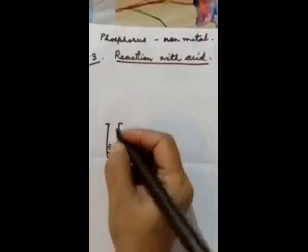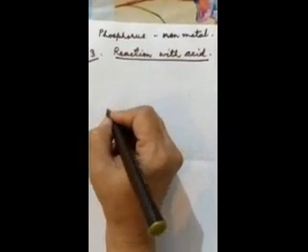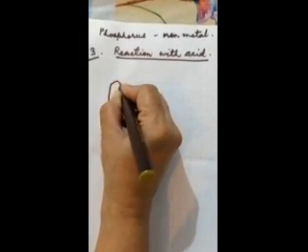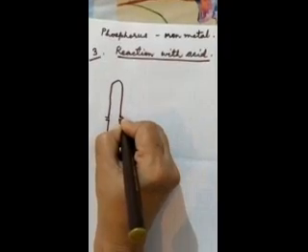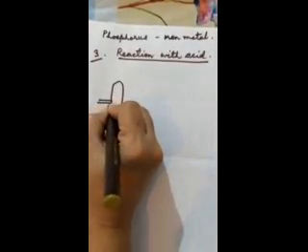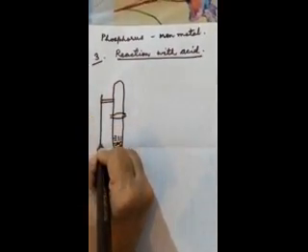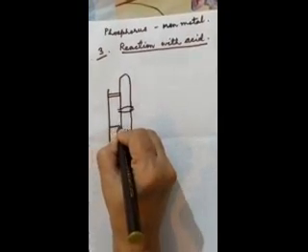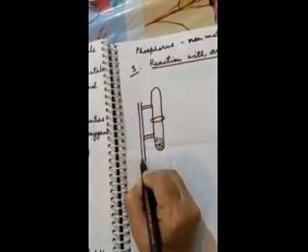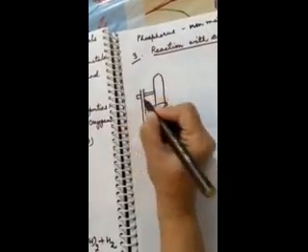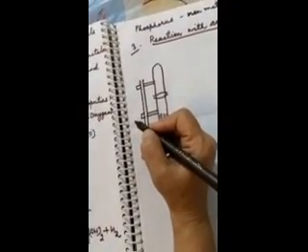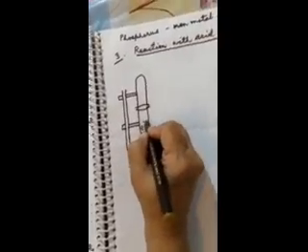We will invert another test tube over the mouth of the first test tube, and again it is installed with the help of a stand. Then we will observe that some gas is evolving in the form of bubbles.